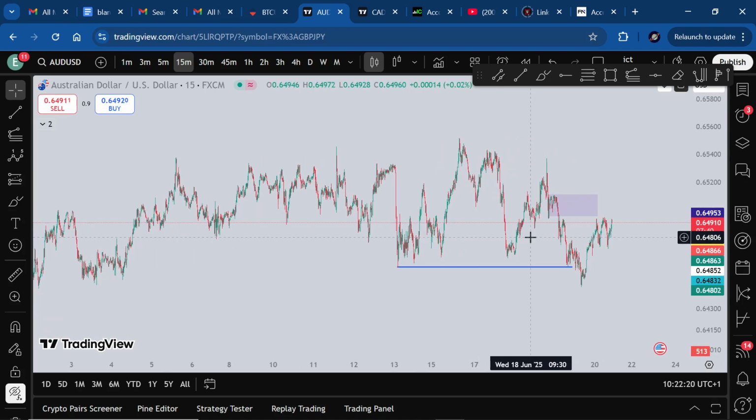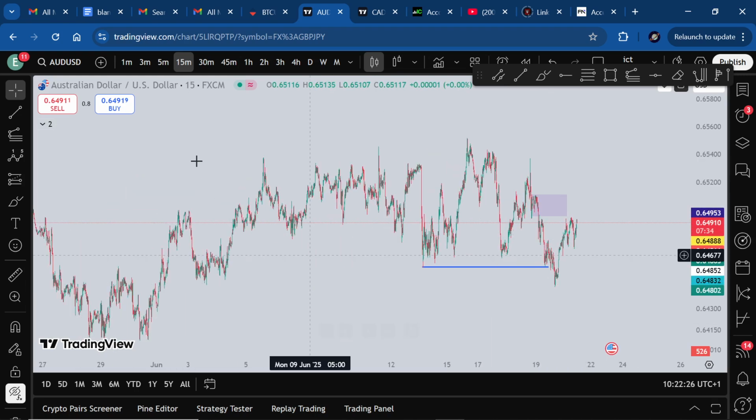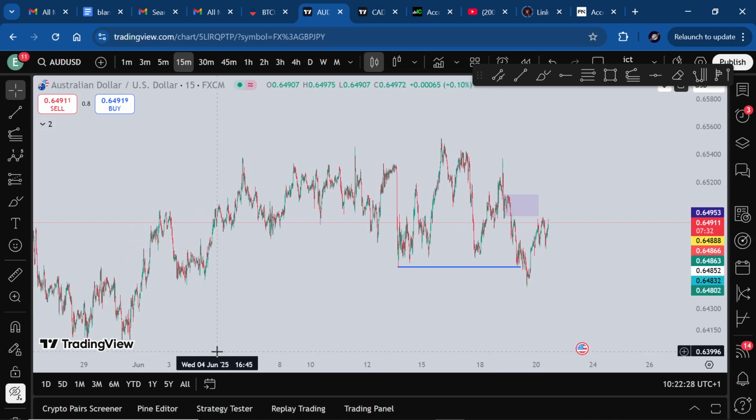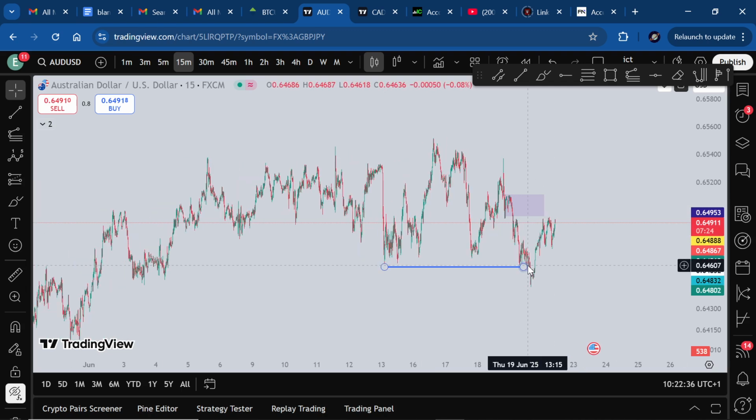But when you're looking at this, it is clearly a distribution to me. It makes it easier for me to gauge what wave we're in, what pattern we're in.